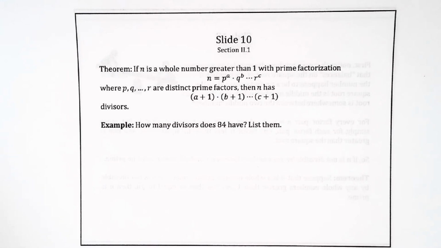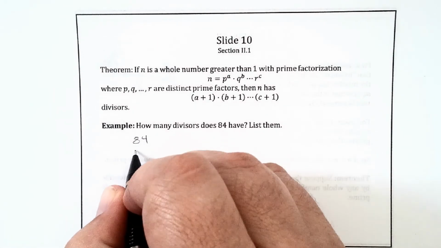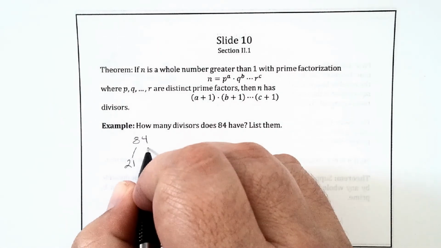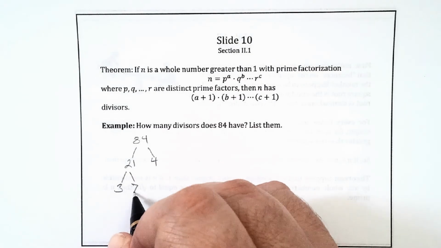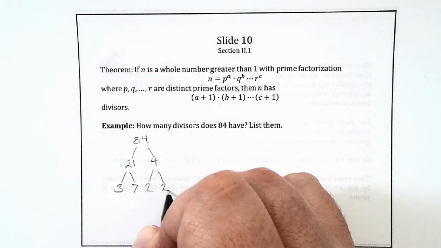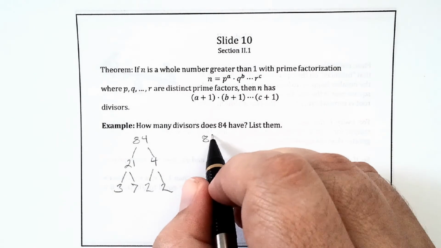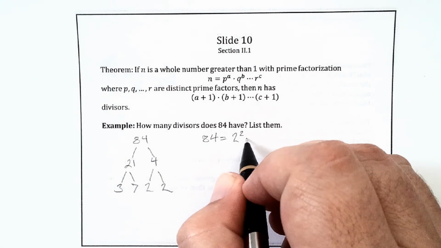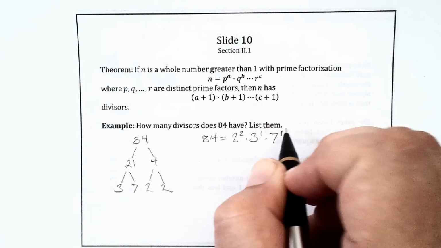For example, how many divisors does 84 have? 84 is 21 times 4. 21 is 3 times 7. 4 is 2 times 2. So therefore 84 is 2 squared times 3 to the first times 7 to the first.